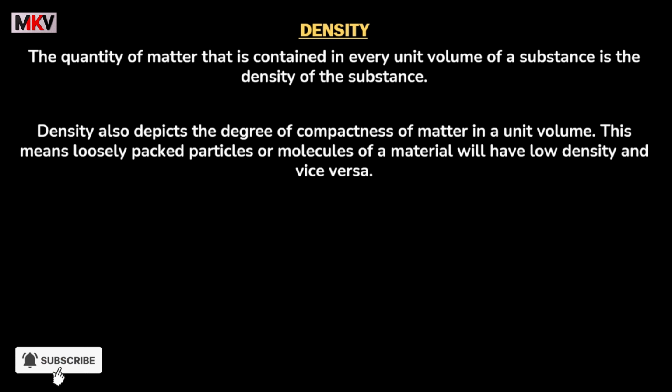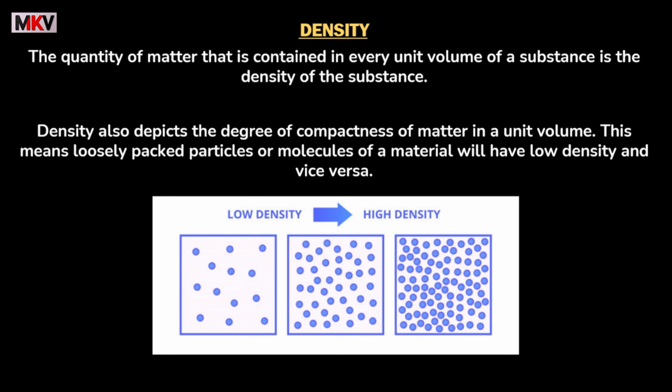As I said earlier, the ones with loose particles will have low density, but the ones with particles packed closely together with less pore space will have a higher density. If you look at this diagram, this has a lesser density compared to that, because the pore spaces within this are very large and the particles are not closely packed together.